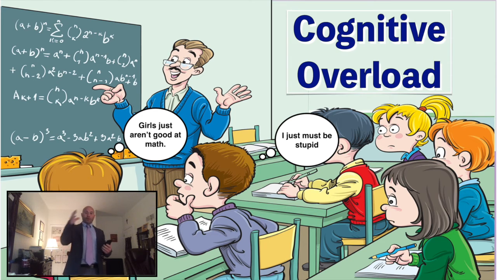And then what's even worse is you have the girl who understands stereotype threat. She understands that there is a concept out there that girls aren't good at math, and that verifies her reason for not understanding it. So she's thinking she's not good at it just because she's a girl. And that's terrible. And so this is what cognitive overload can lead to.